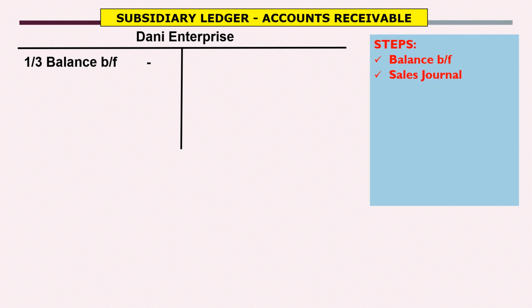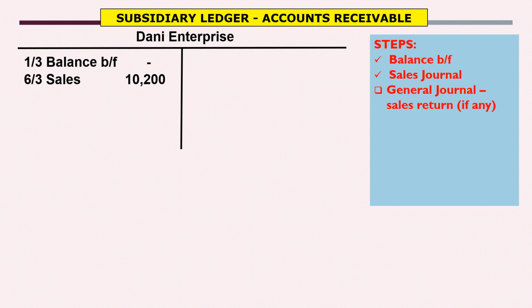The second step is to check the sales journal. Just now, we found that on 6 March, there was a sale to Dani Enterprise amounting 10,200. The third step is to check the general journal if there is any sales return.